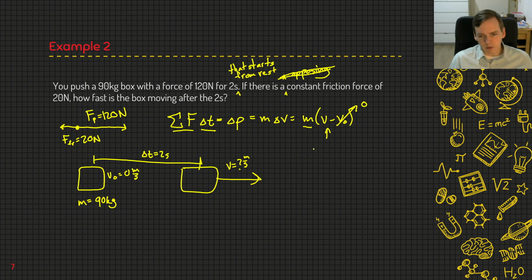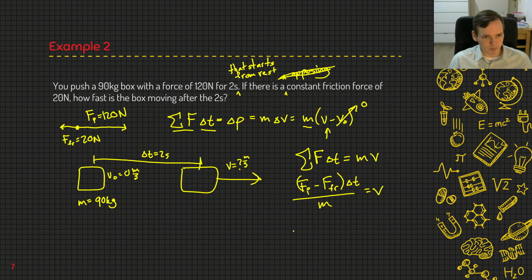So like I said, we want to work with this equation, net force delta t equals mv, because this v naught is going to be 0. So net force is going to be force push minus force of friction, times delta t over the mass, is equal to v.